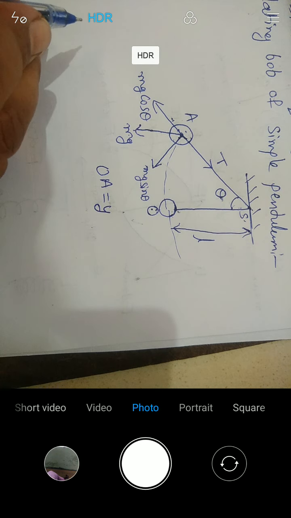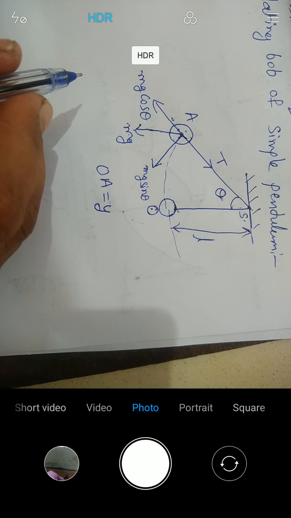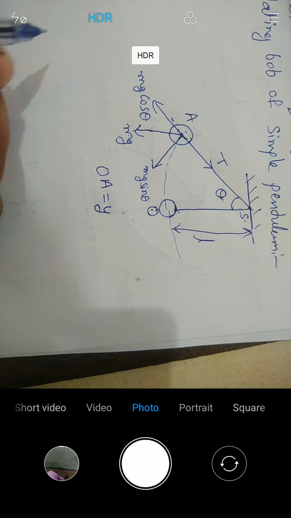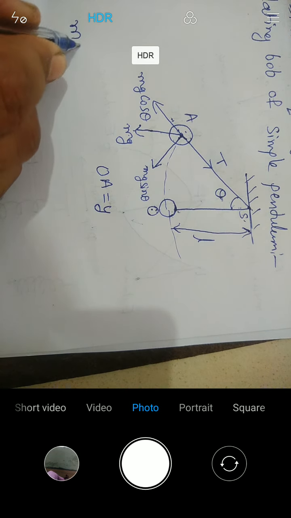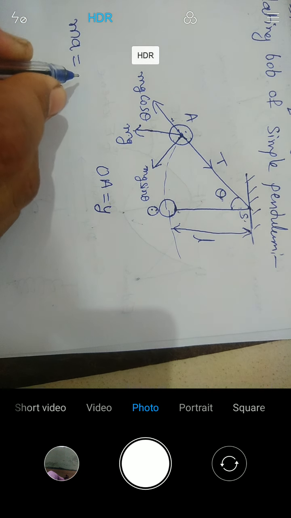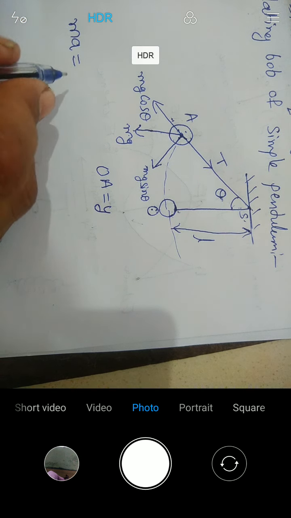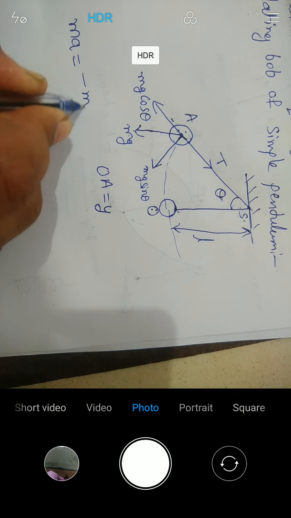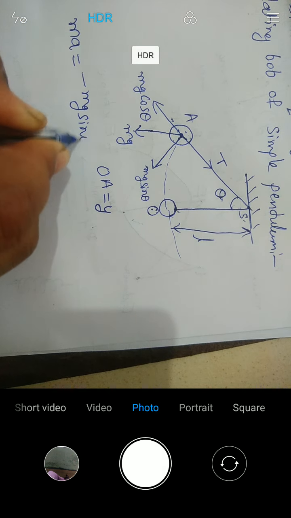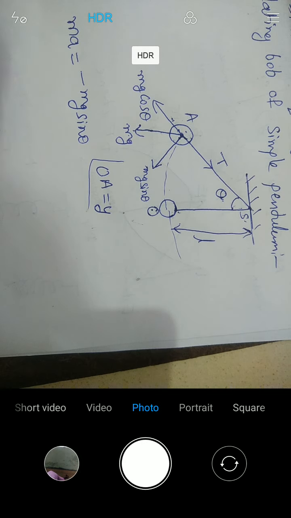Then at any instant of time t, the force that accelerates the bob is ma, and that is equal to the component of the weight towards its mean position, that is minus mg sin theta.